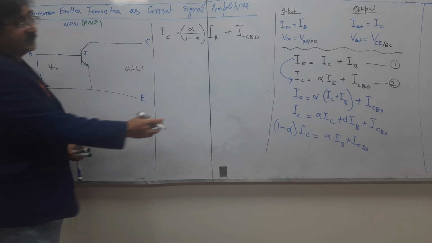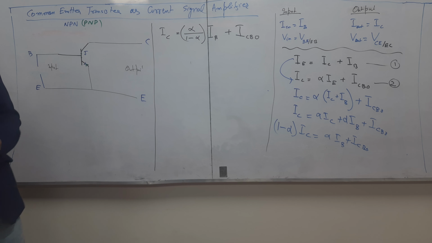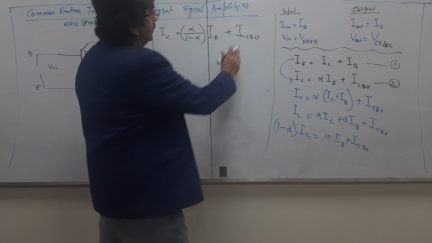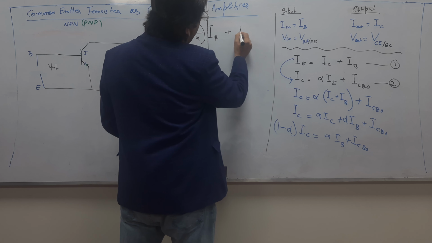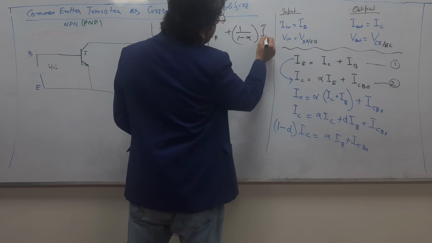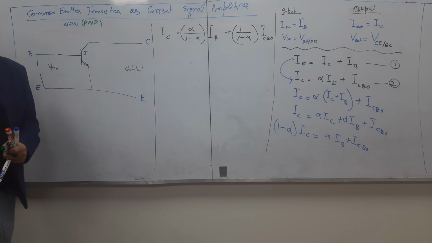I have divided it into this side, sorry, this. Yes, 1 minus alpha, ICBO. Yes, you are right. Okay, now it's okay.